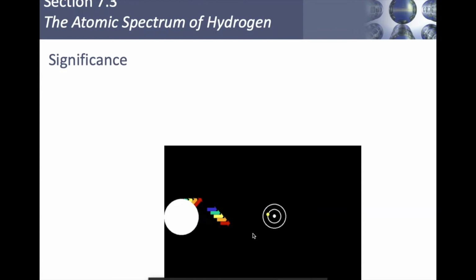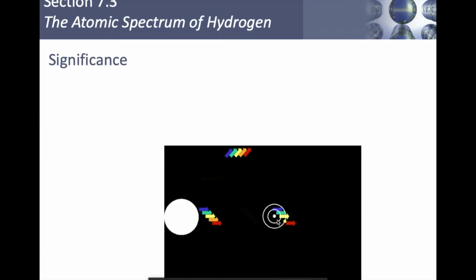Most of the energy is going to pass straight through the atom without actually interacting with the atom at all. But there are going to be many frequencies that are of the correct energy that the electron or electrons in the atom are actually going to absorb that particular wavelength of light.